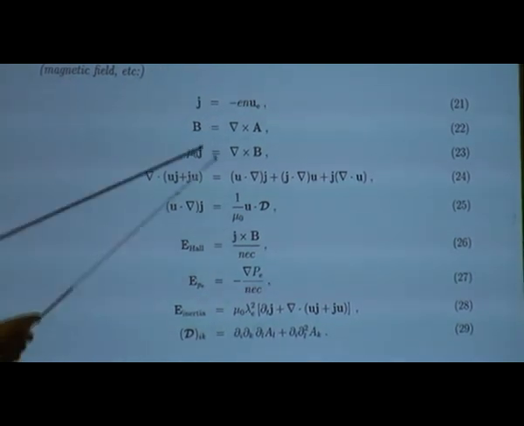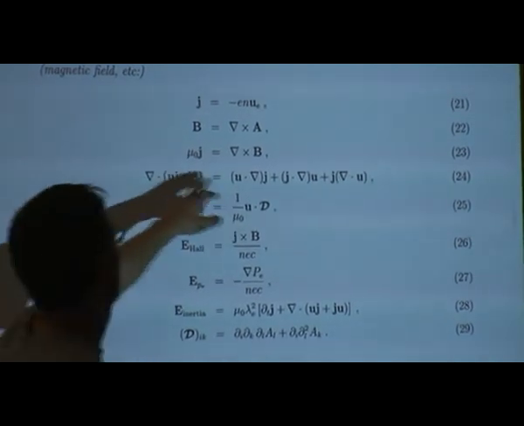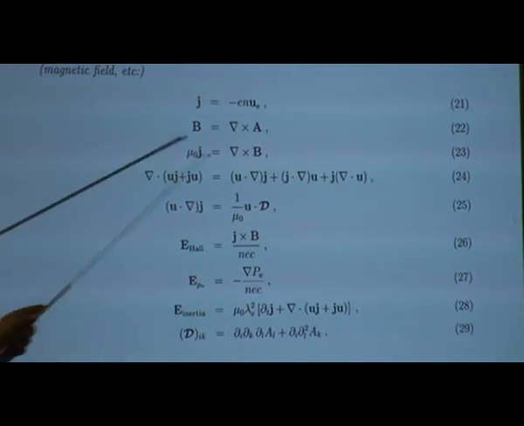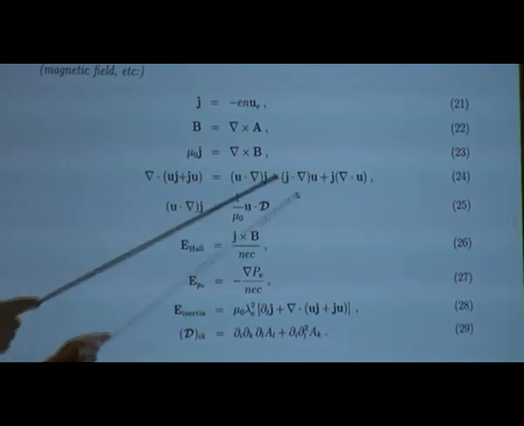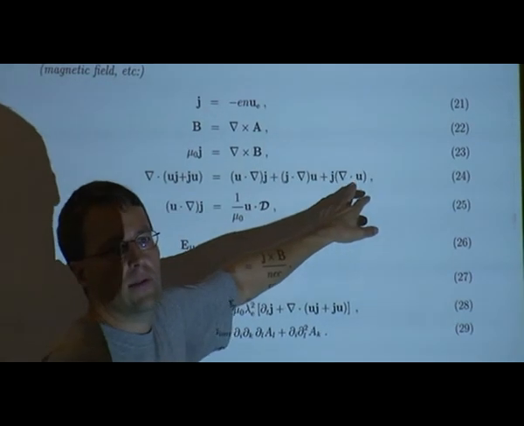This one you know, this one you know, this one still holds. And then you have this weird divergence of uj plus ju, and if you figure that out, you find that this term and that term don't involve stuff we don't know.